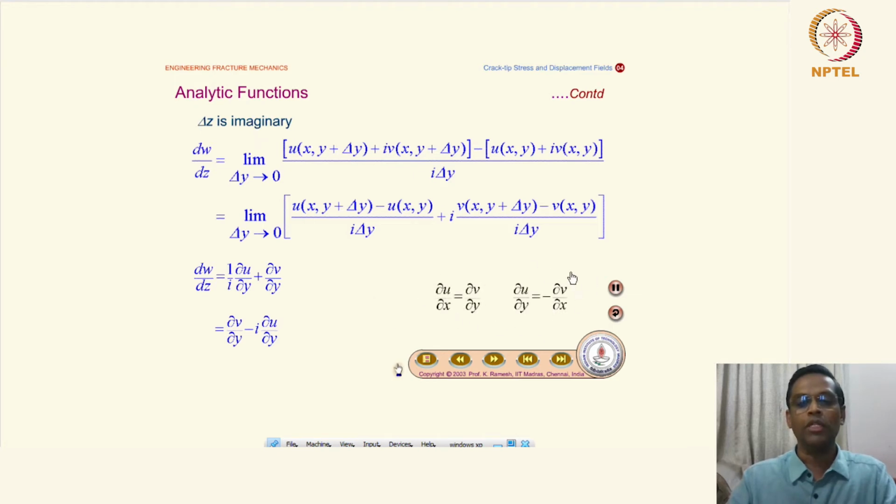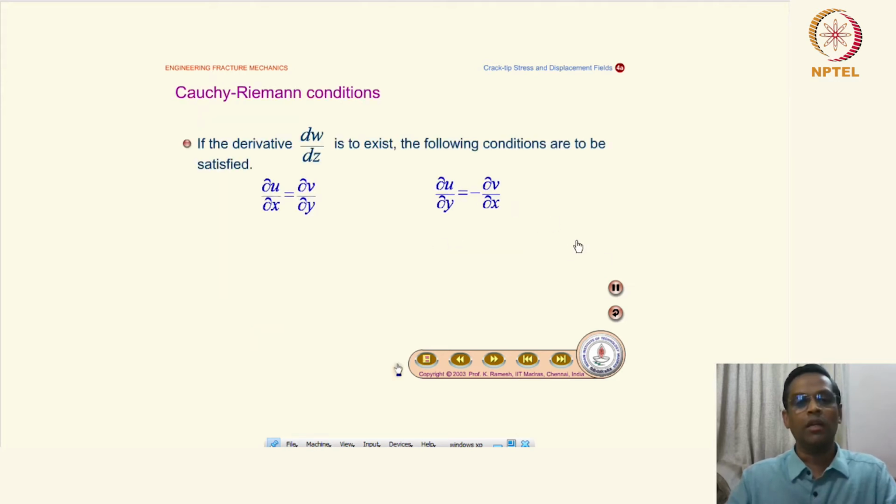So you can put it together like this: dou u by dou x is equal to dou v by dou y, and dou u by dou y is equal to minus dou v by dou x. These compatibility equations are famously called the Cauchy-Riemann conditions. Any analytic function should obey these conditions. That is why it is quite popular. If the derivative dw by dz is to exist, the following conditions are to be satisfied: dou u by dou x is equal to dou v by dou y, and dou u by dou y is equal to minus dou v by dou x.